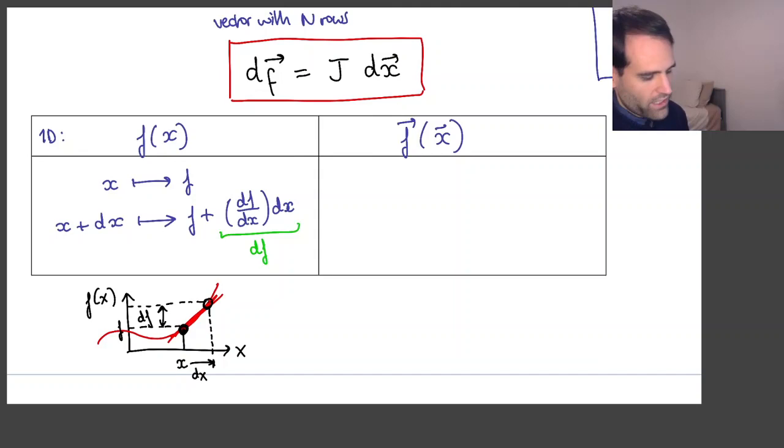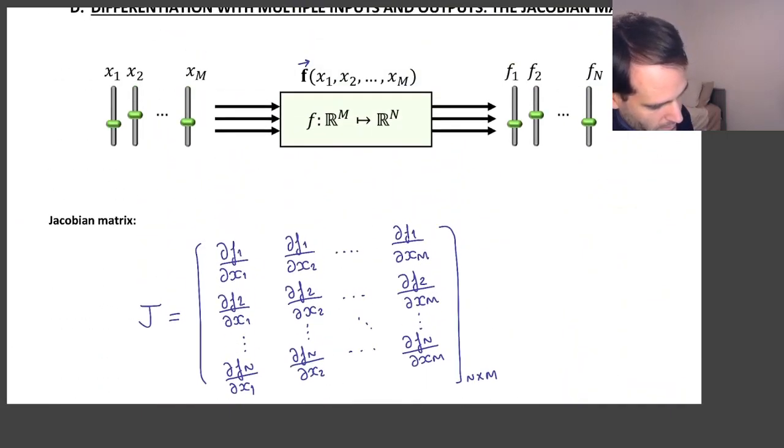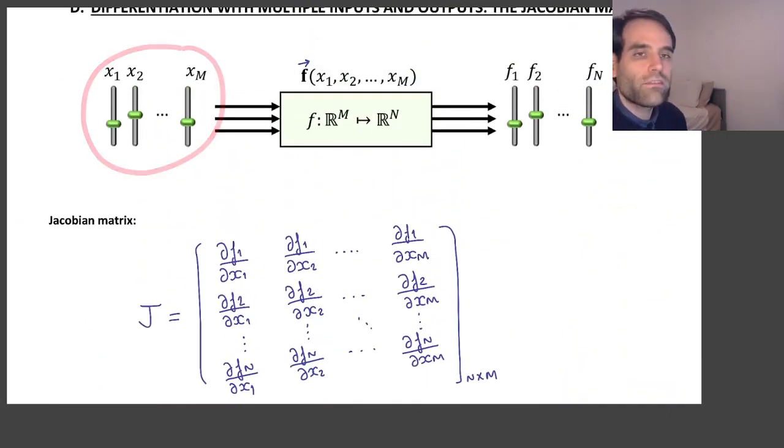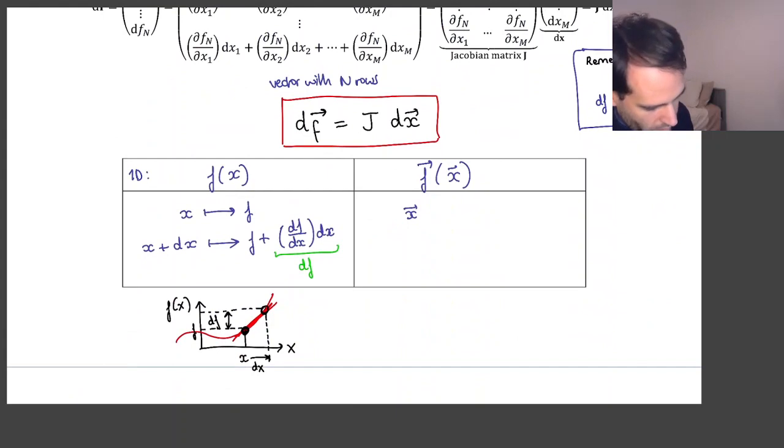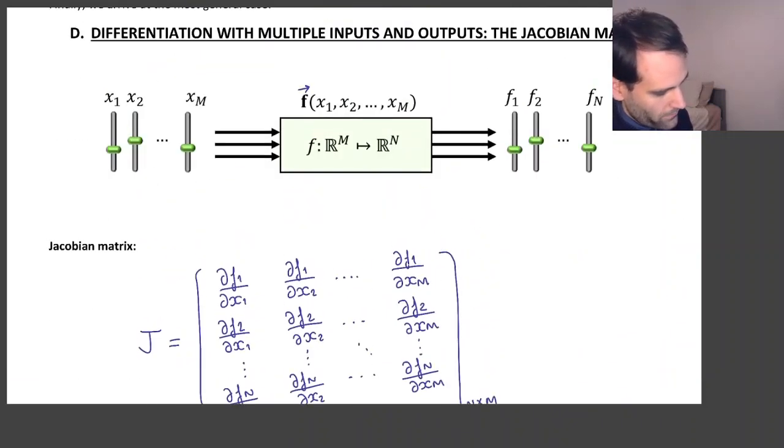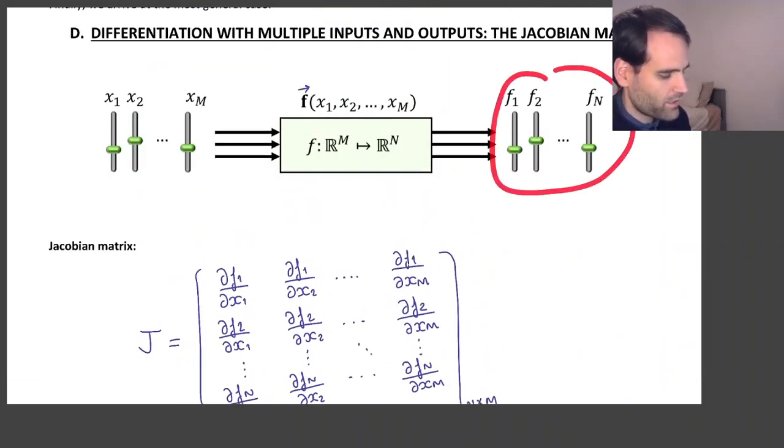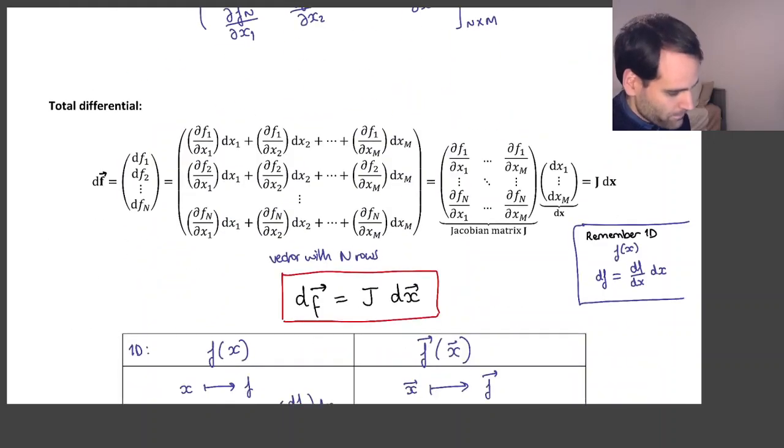Here, in the general case of many dimensions, we have a vector x, which means all of the different variables in the input written as a single vector x, and the output is a vector f, which means all of the different outputs of the function written as a single vector, okay?